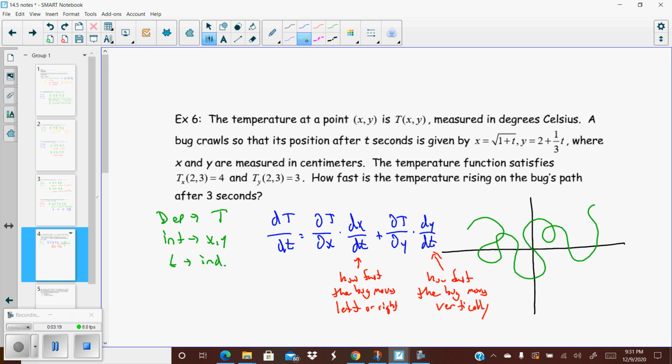This is the change of temperature horizontally, where this one is the change of temperature vertically.